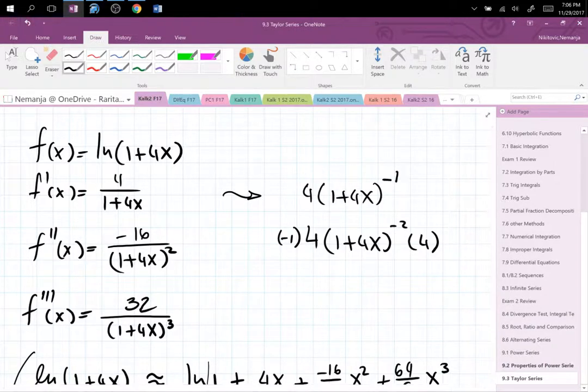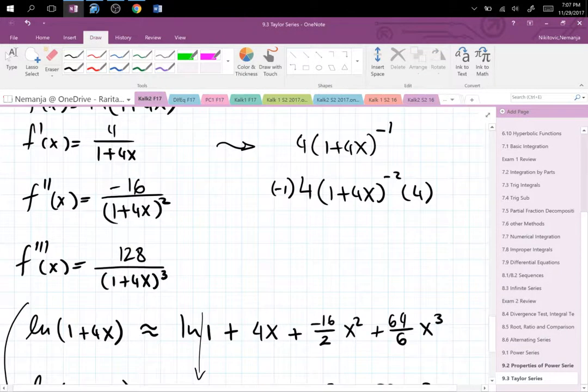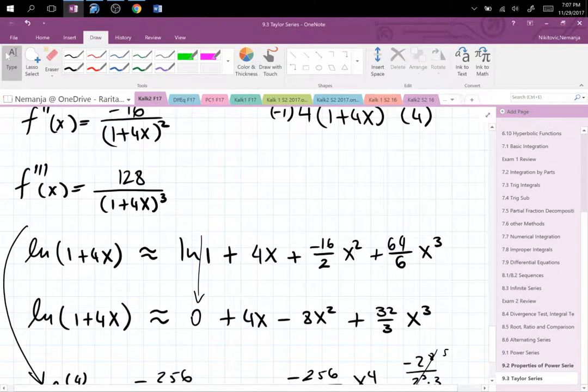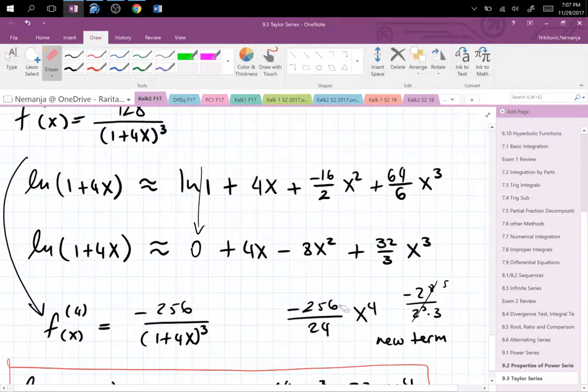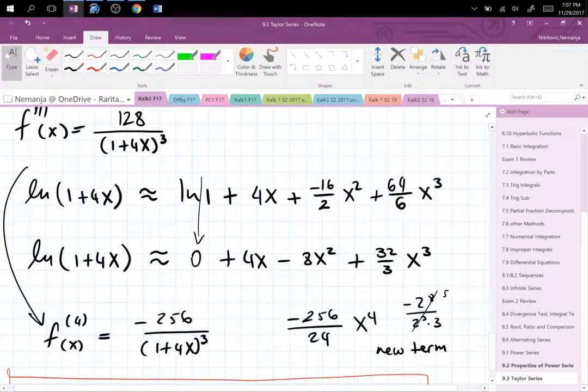Wait, what was this? It's supposed to be 128, right? Yes, 128. And then this term is not 256. It's times 128 times 12.